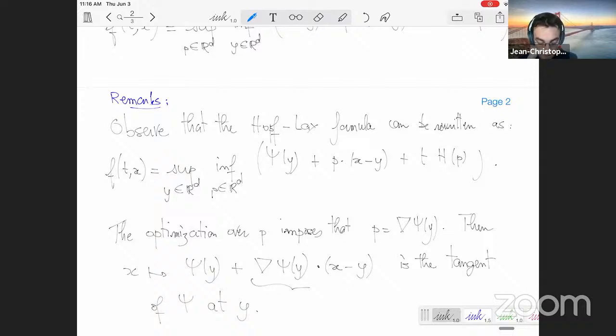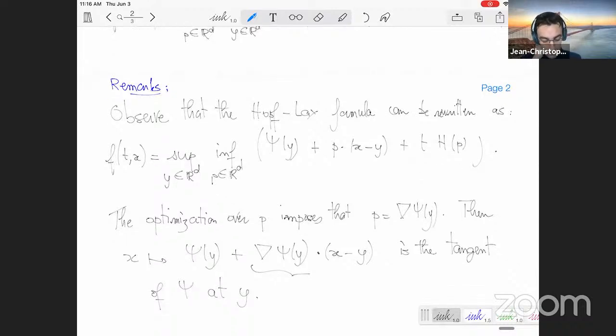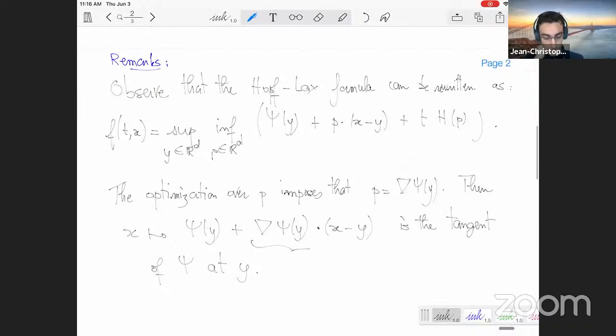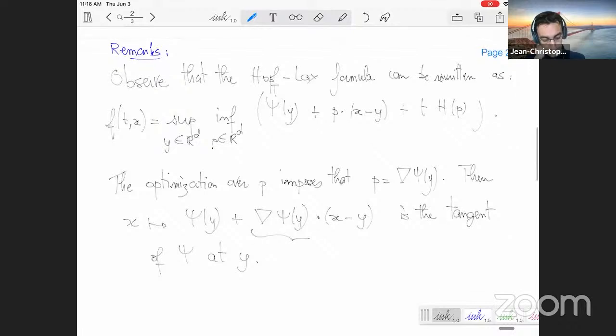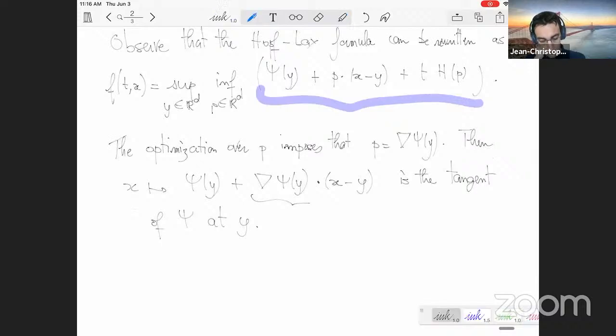which was p. Now, if we add this t variation, we see that it's clear that the derivative in t is h of p, and the gradient is p. So it's clear that this whole mapping here is solving the equation. Let me rewrite it in red, let's say.